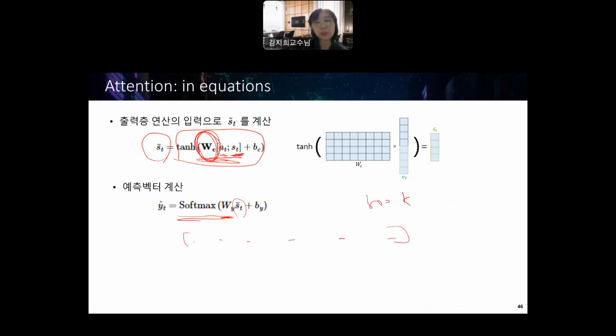All these different word distributions, maybe a particular word like he has the highest probability, and this will be picked as the output.